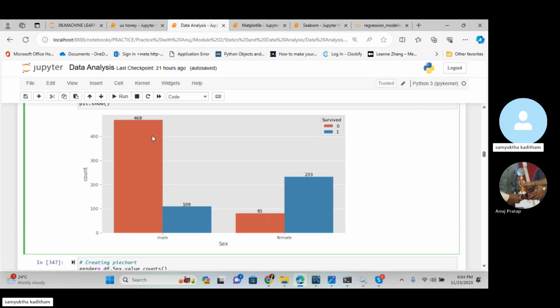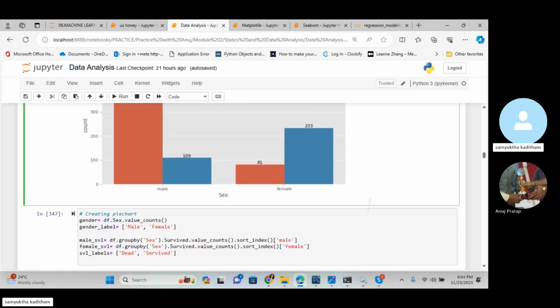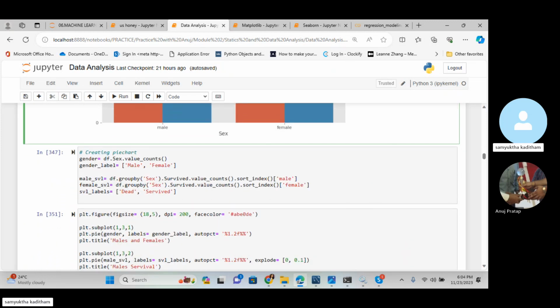In the male category, most of them did not survive. In the female category, the survival rate is very high compared to the male category. Then we also did a pie chart. Here we give the labels first, male, female.